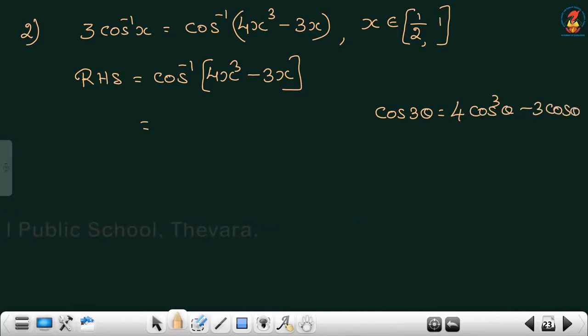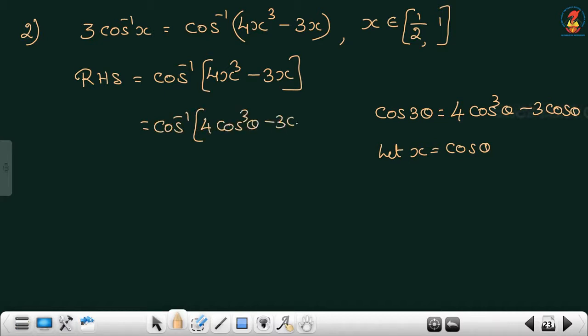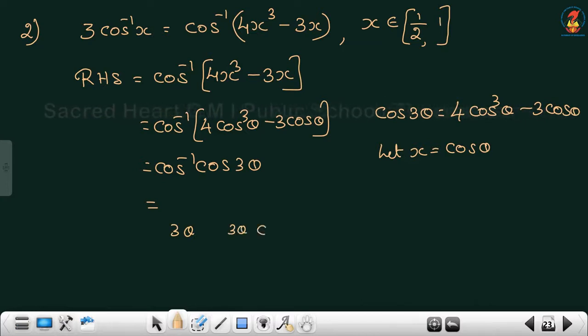So this is similar to this part. So we can give x as cos theta. So here you substitute cos inverse of 4 cos cube theta minus 3 cos theta. That's equal to cos inverse of cos 3 theta. So can we write 3 theta? This is equal to 3 theta when this 3 theta belongs to the range 0 to pi. That is the range of the cos inverse function.